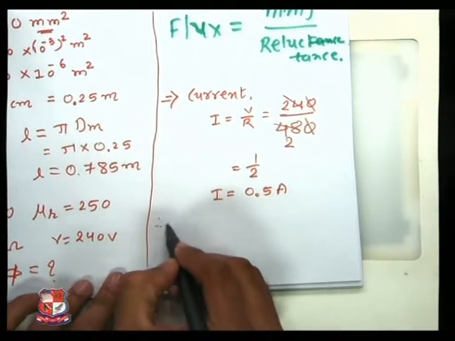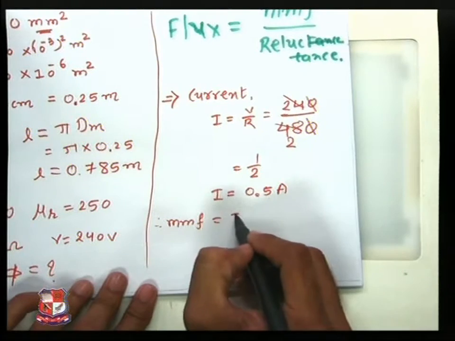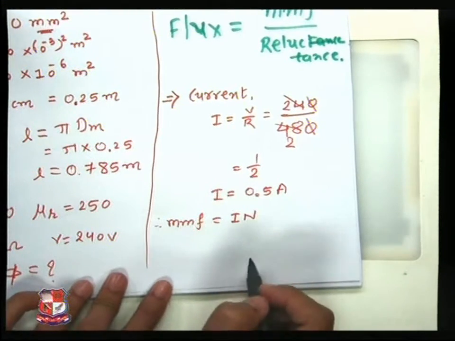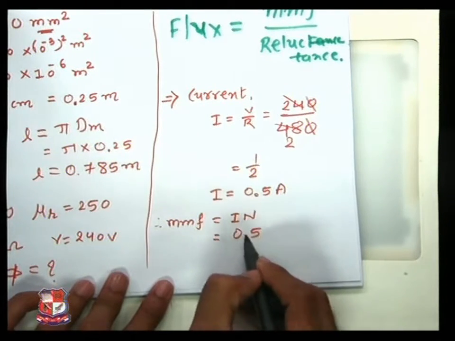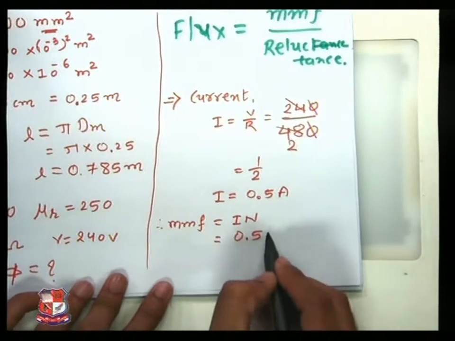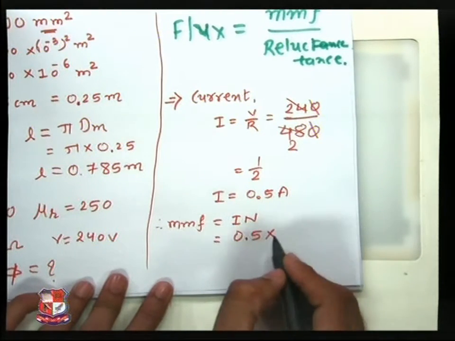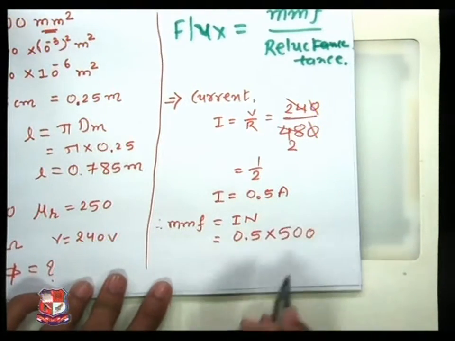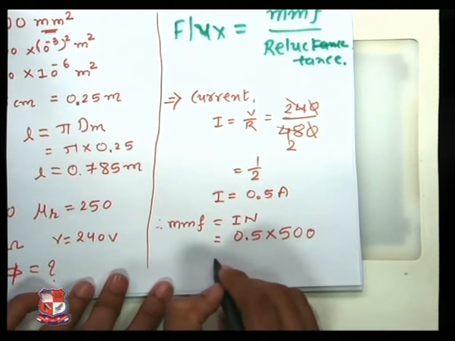Now we go for mmf. mmf is given by N into I. The current is 0.5 ampere and the number of turns is 500, so 500 into 0.5, that means it is divided by 2.